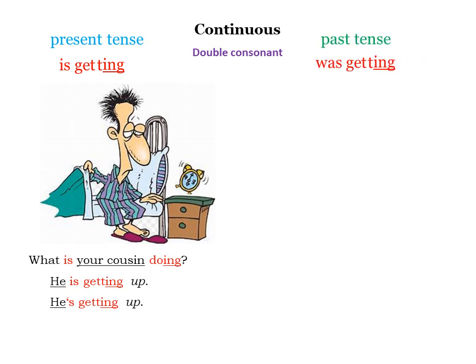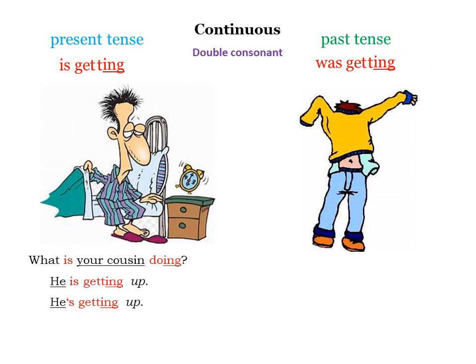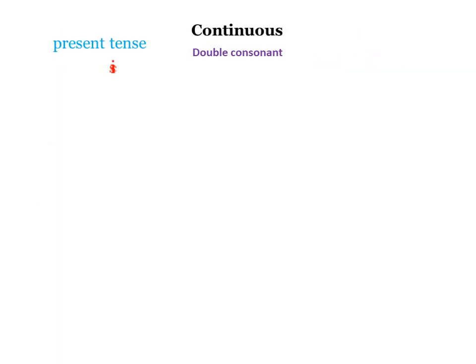Past tense was getting. What was your son doing? He was getting dressed. Present tense is cutting.